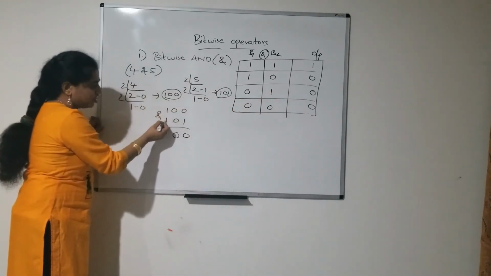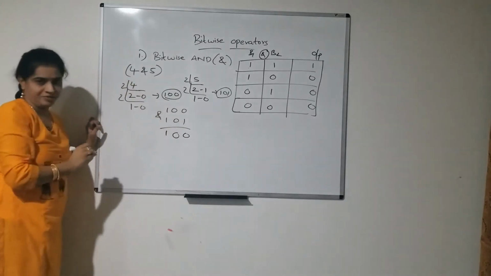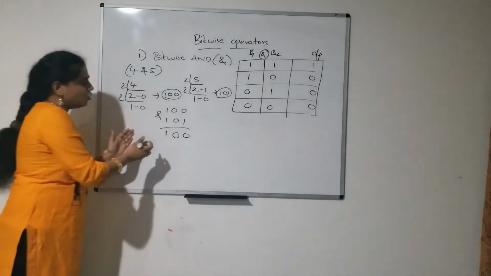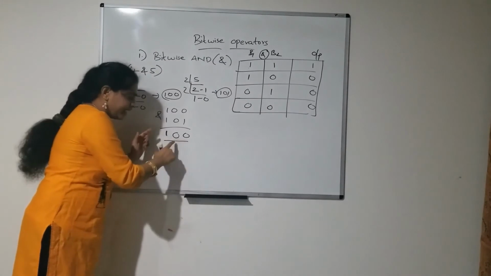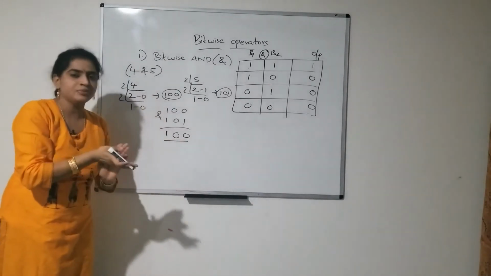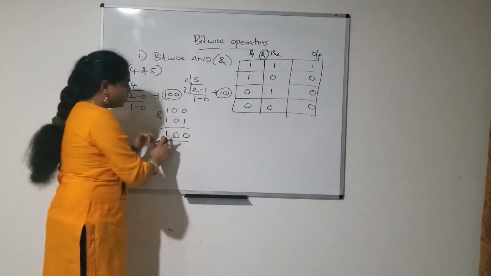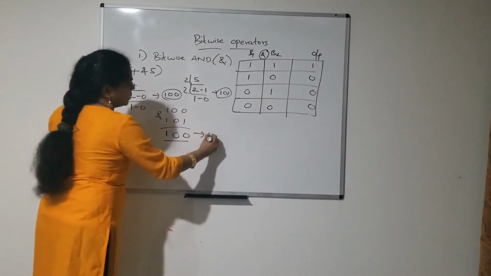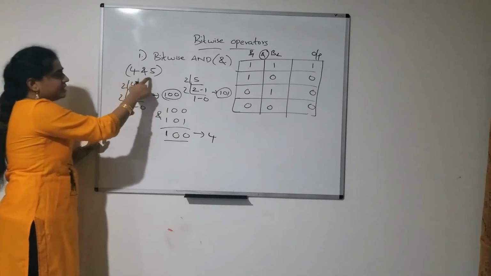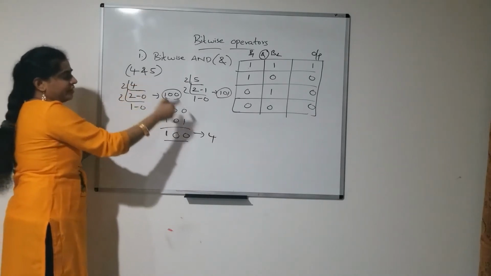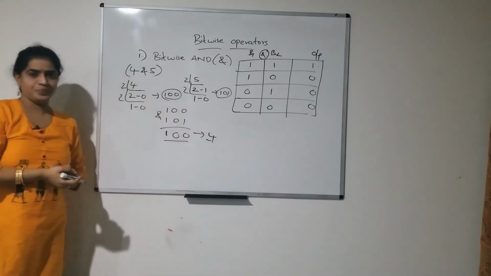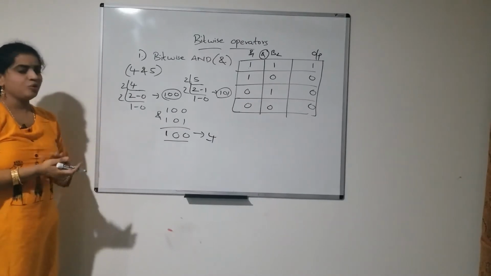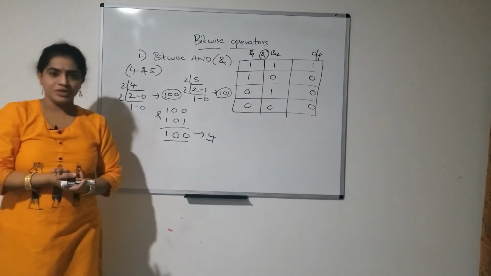Only if both bits are 1, the result will be 1. Then this result has to be converted into decimal form. For 1 0 0, the decimal form is 4. So the output for bitwise AND between 4 and 5 is 4. Like this we have to perform the bitwise AND operation.